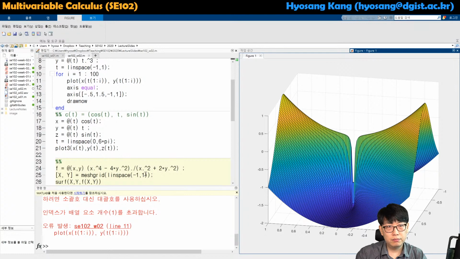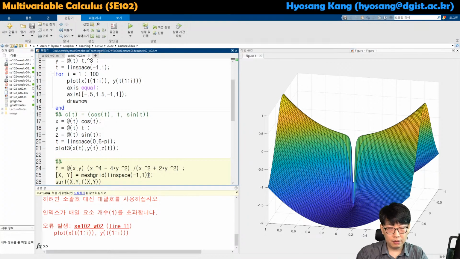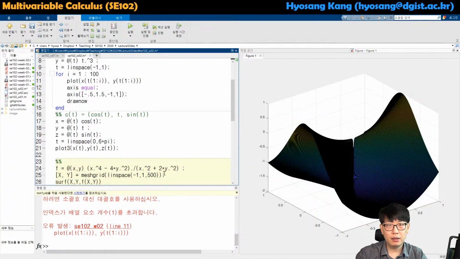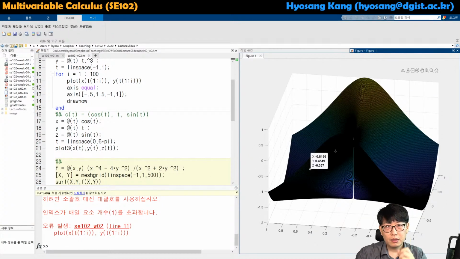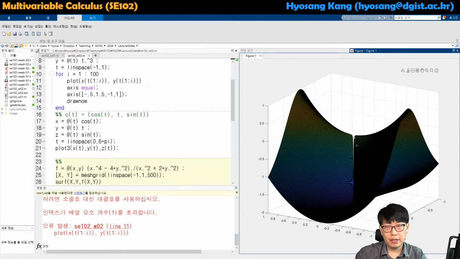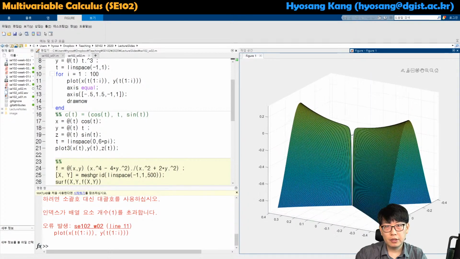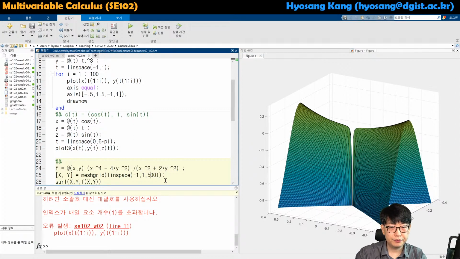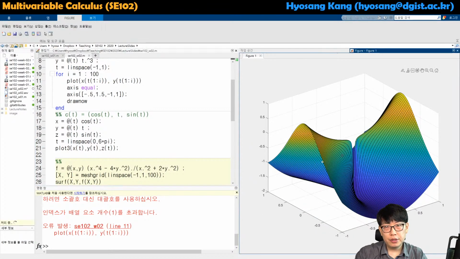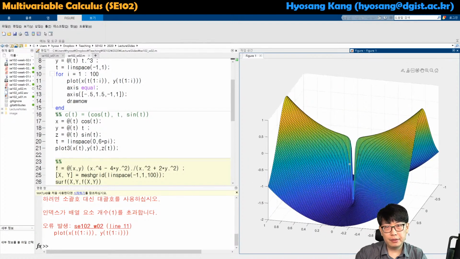If you make it finer, like say I want to put 500 points instead of 100, then this gap, this valley gets narrower, but it actually almost touches each other. So in this picture it says that the limit can be anything between here and here, depending on which direction you're approaching from.